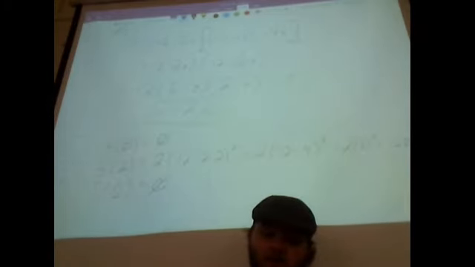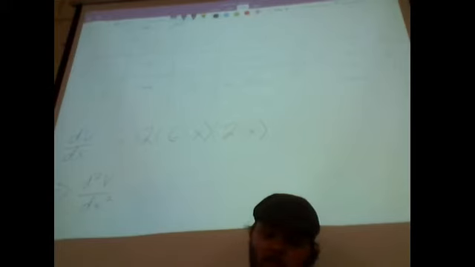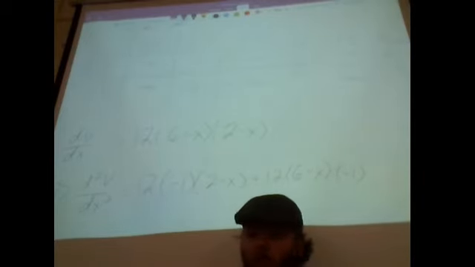Second derivative test. So this is dV/dx, then d squared V/dx squared is going to be 12 times negative 1 times 2 minus x, plus 12 times 6 minus x times negative 1. Just a product rule.